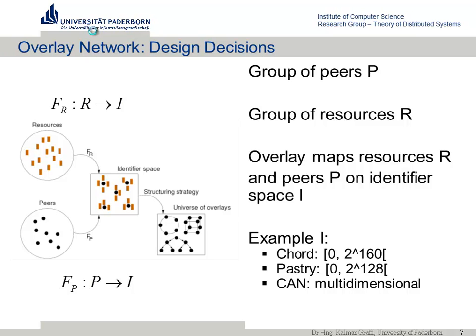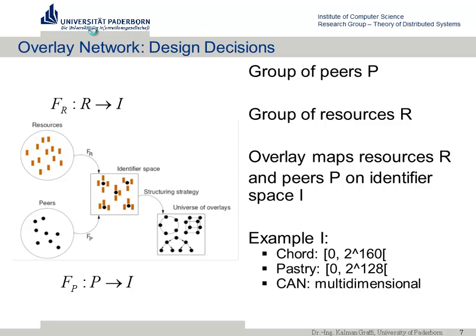Hash tree, another overlay, is also a one-dimensional ID space from 0 to 2 to the power of 128. Others might be multidimensional, but in general, you just have to assume that you have a set of numbers that you can choose as identifiers.